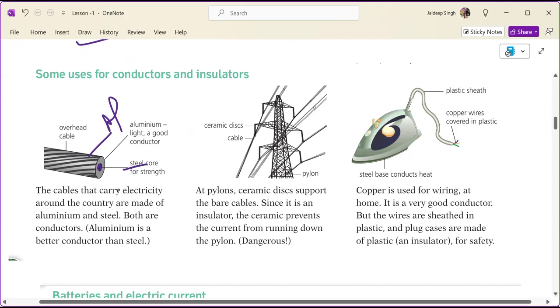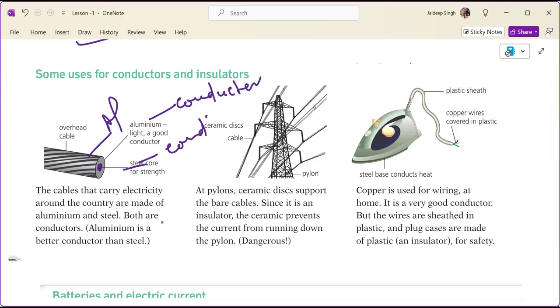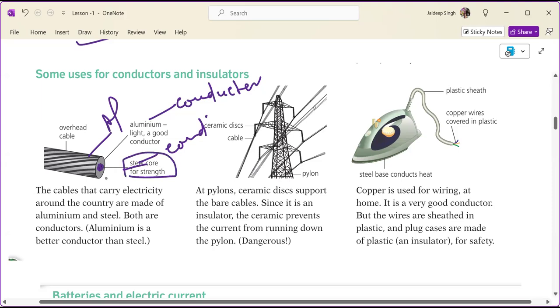Aluminium is a good conductor of electricity, as well as steel, but aluminium is a better conductor than steel. We make this core of steel because it provides better strength to the cable.